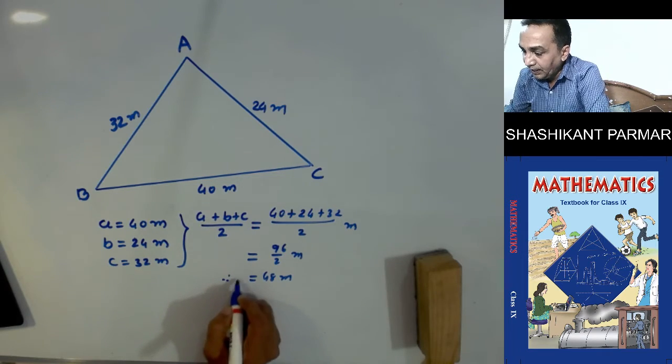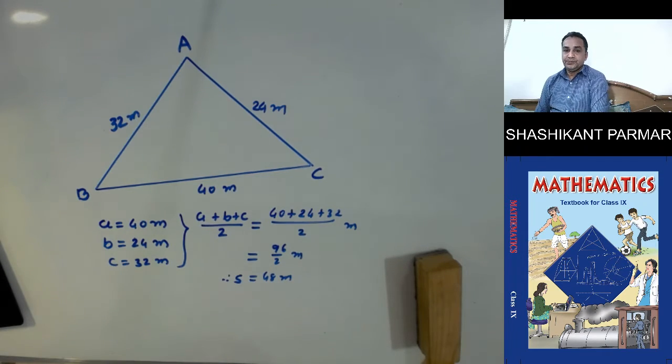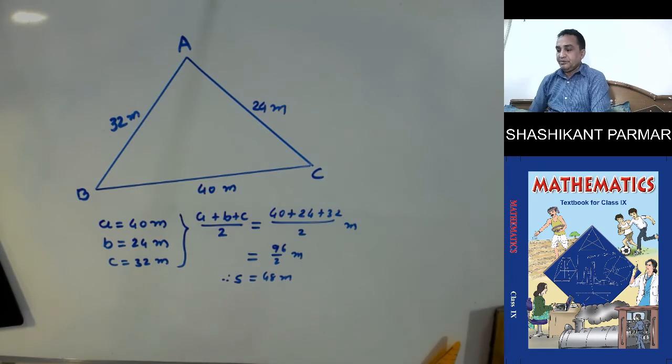It is called s. So the semi-perimeter is 48 meter.